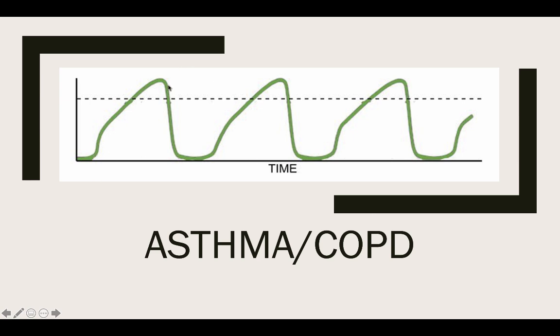And why is this? Our downslope is our inspiration, right? So I can breathe in just fine. I have an asthma attack, I can breathe in just fine. I have an issue with my bronchodilation, and I have an issue exhaling. So think about your asthma patient. Think about your COPD patient and their pursed lips, right?